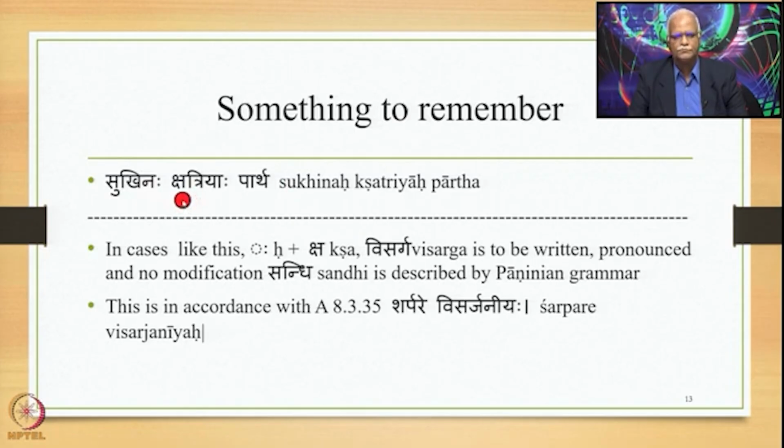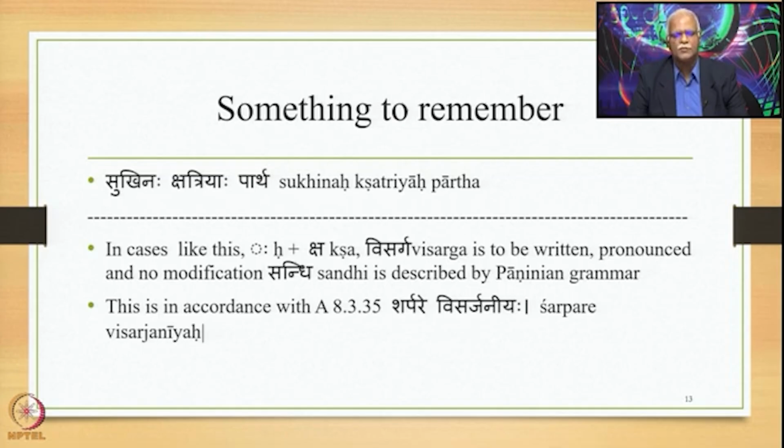And so there is this sutra Sharpare Visarjaniyah. Ka is part of khar, sh is part of shar. So there is sharpara khar and sharpare khari, Visarjaniyasya Visarjaniya eva na tu anyat. So this is in accordance with 8335 Sharpare Visarjaniyah.